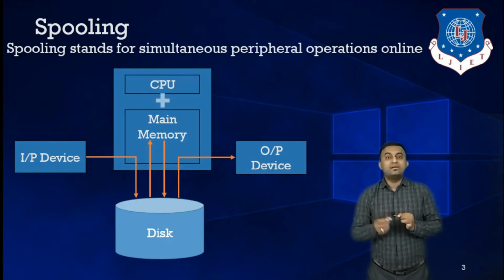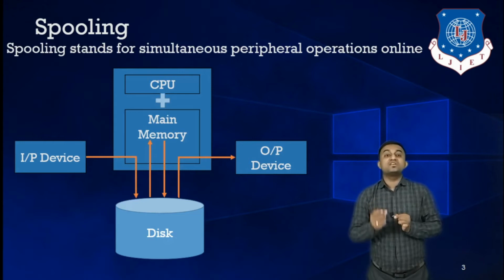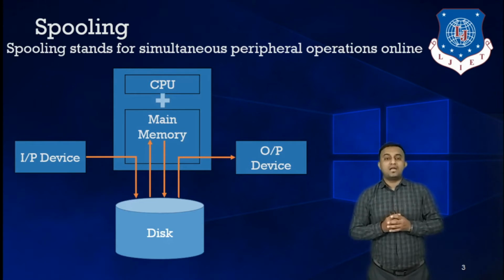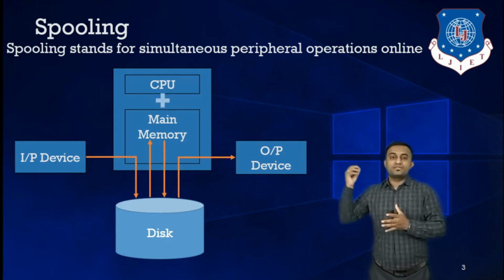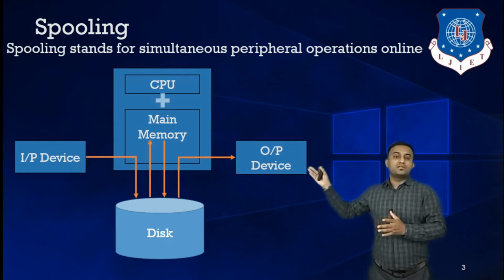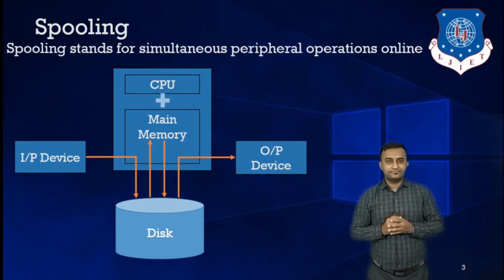I will tell you the significance and the advantage of introducing this another type of memory in this particular architecture. In this block diagram, we also have an input device and an output device.